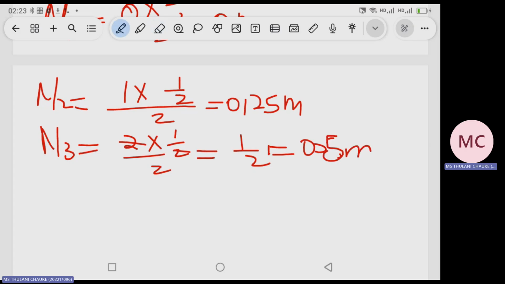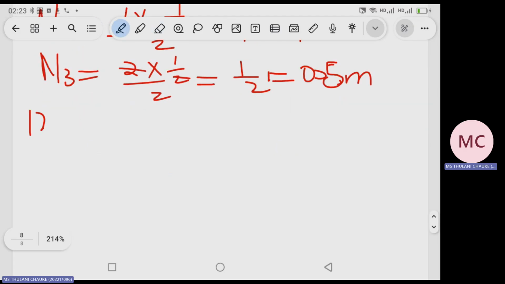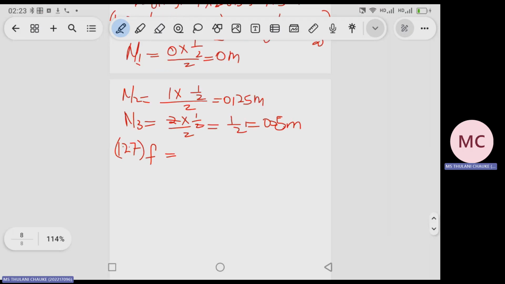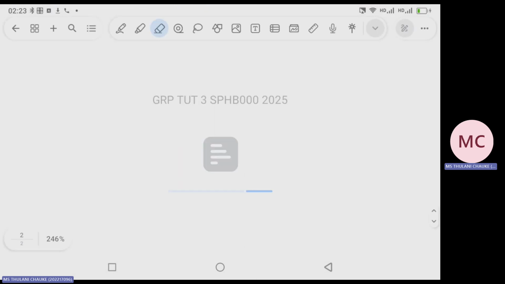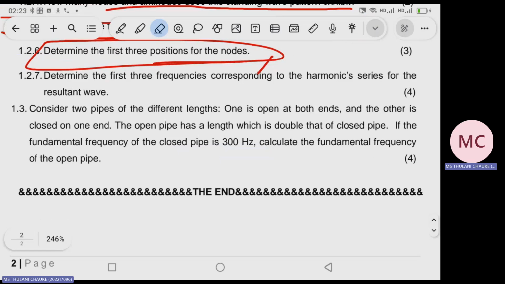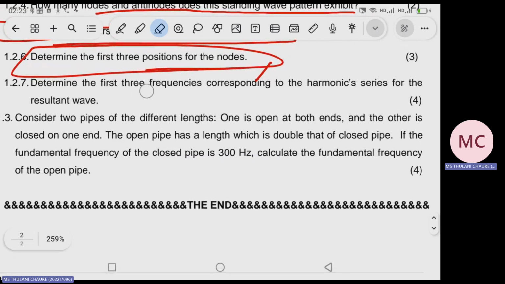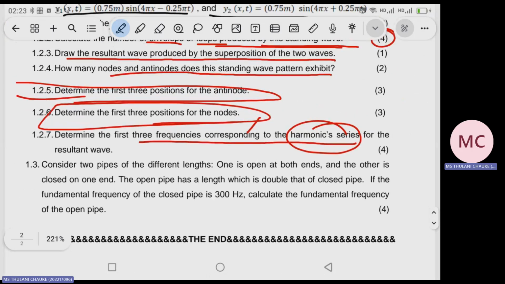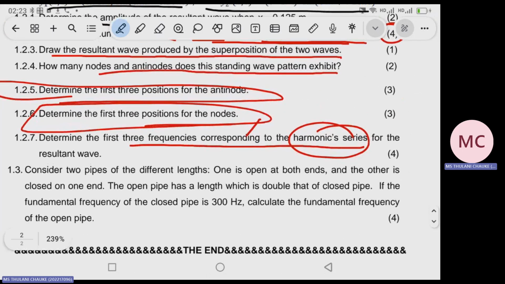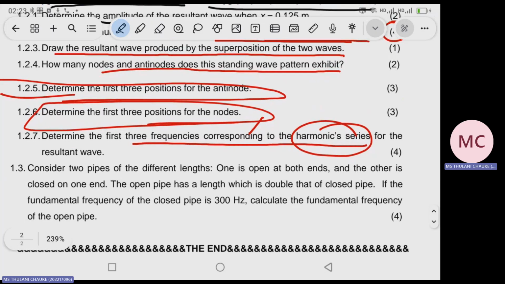And then you do 1.2.7. They wanted the frequency, I think. Let me check, because now, determine the first frequency. Okay, now talking about the harmonic series for the resultant wave.